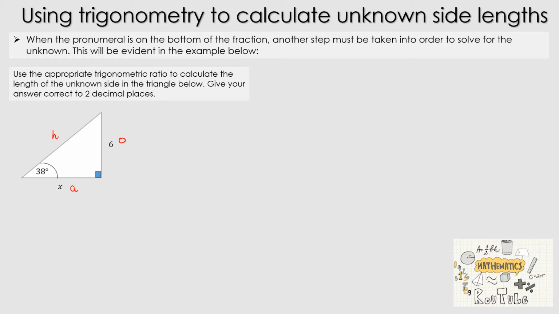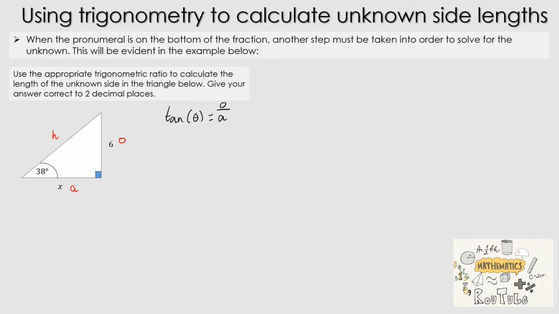So we've ticked off step 2, which is to decide which ratio we're using. Step 3 is to write the chosen trigonometric ratio. So we're going to use tan theta is equal to O over A, so TOA. Step 3 is finished.